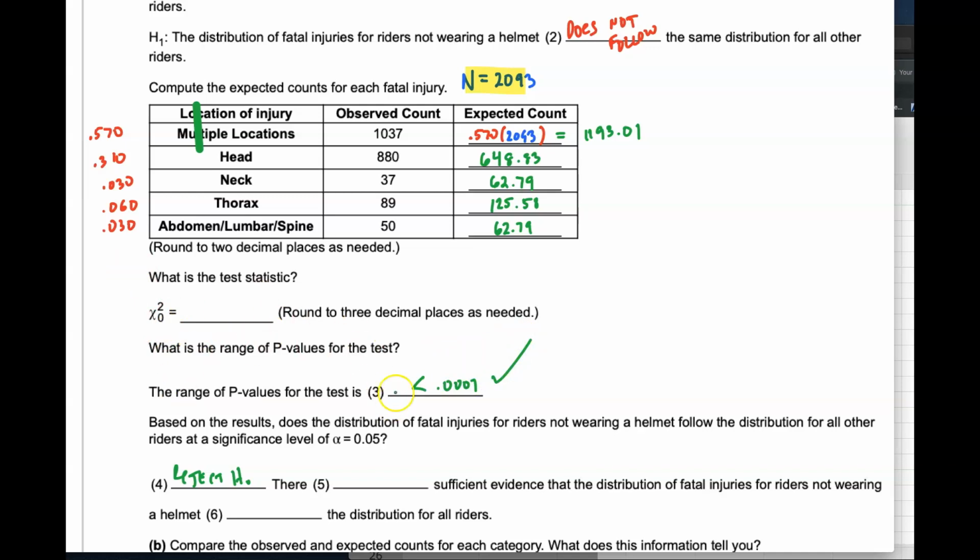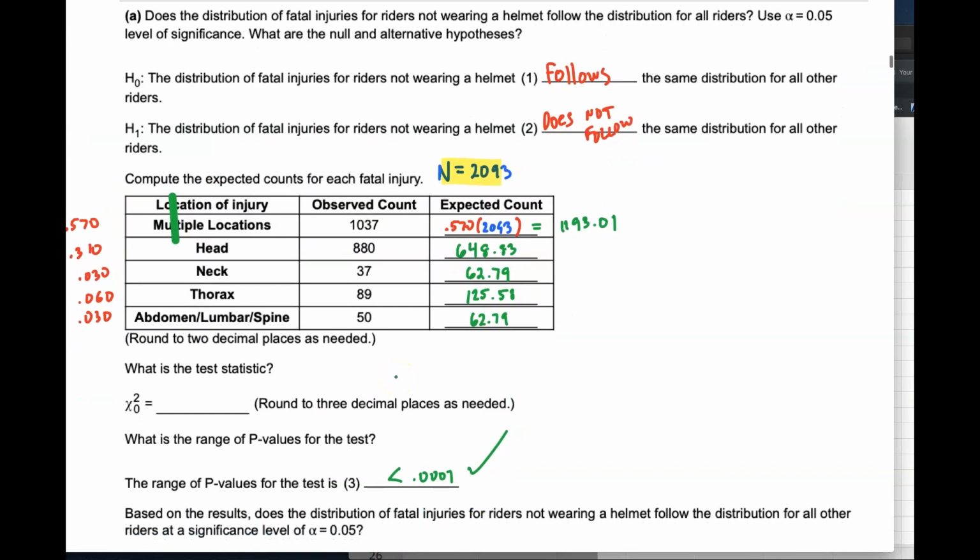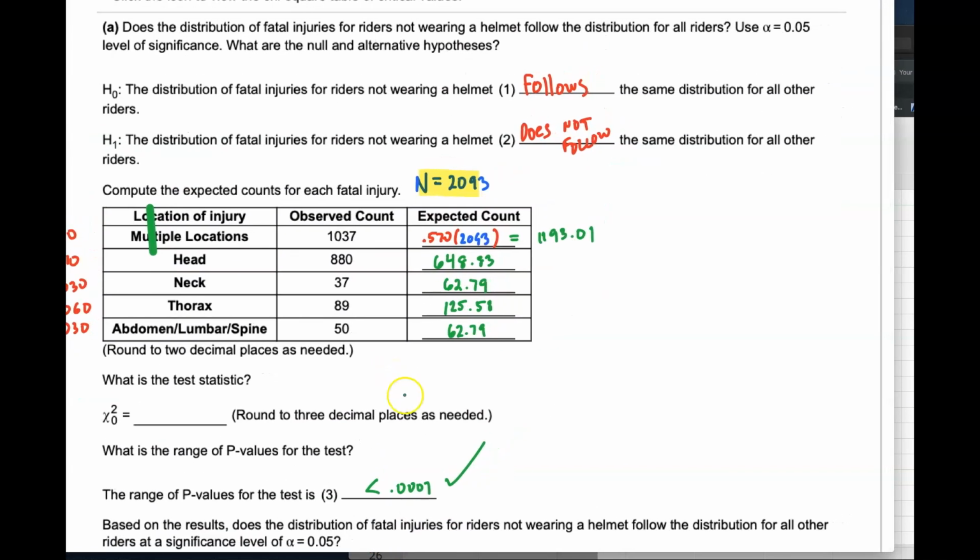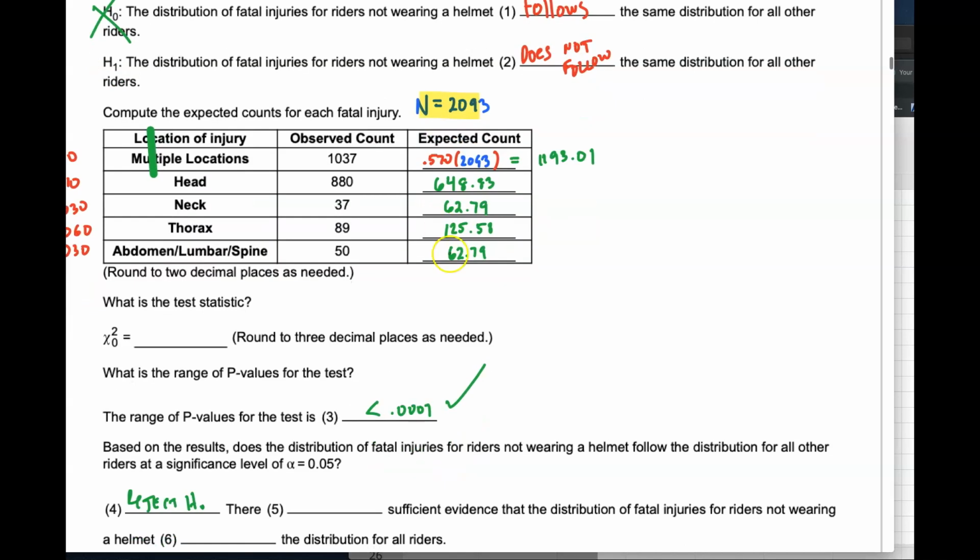The chi-squared was 126 point something. And so since we're rejecting, coming back here, right, we're rejecting this one here. So what we're saying is that there is sufficient evidence, right?